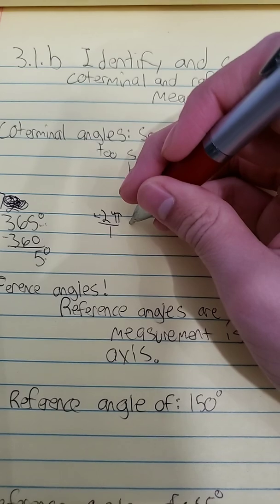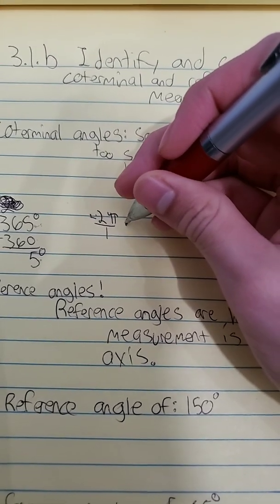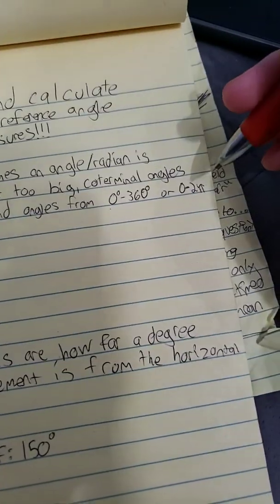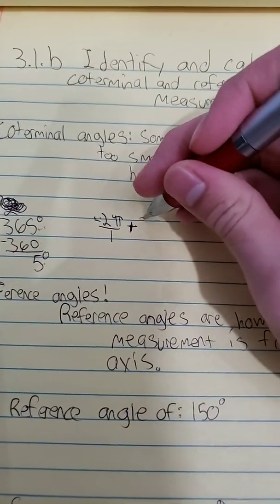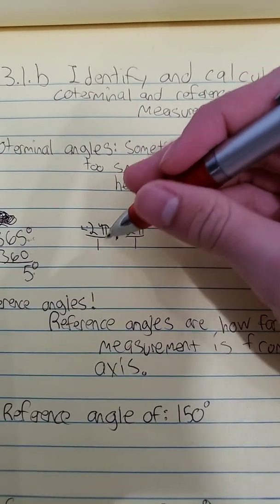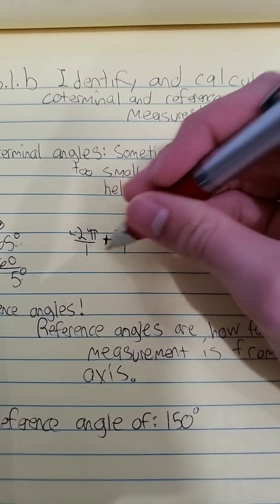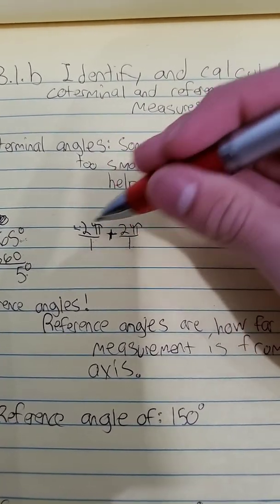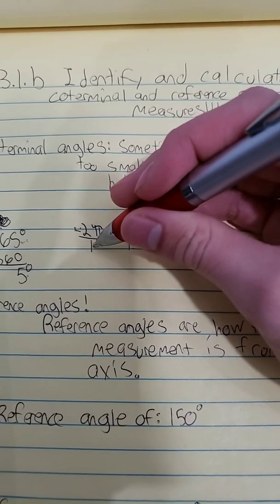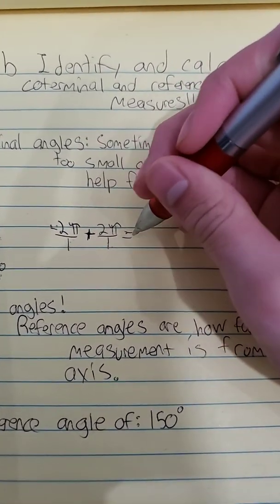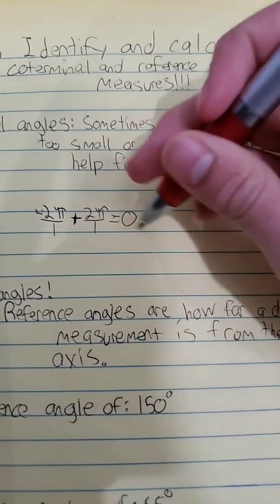So we have to make sure that we add, not multiply, a whole 2 pi over 1. And this example works out nicely because the denominators are already the same. But if they aren't the same, you have to multiply. I'll show you in a second real quick, okay? So this would be 0 radians. So this is good.